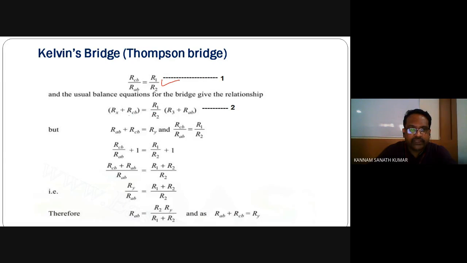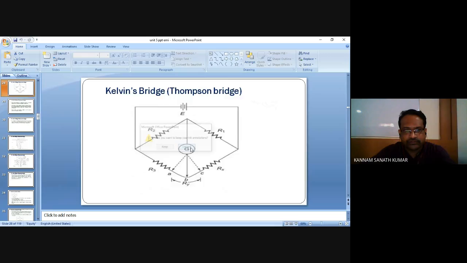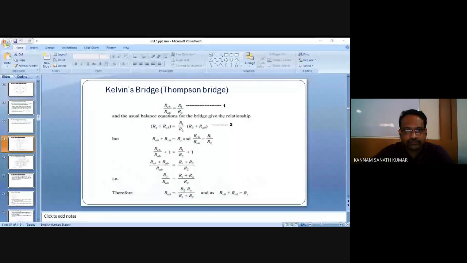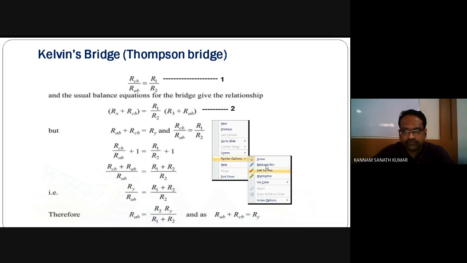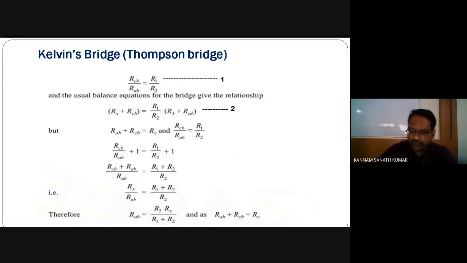During balanced condition, you will get this relation: Rx plus RCB equal to R1 by R2 into R3 plus RAB.